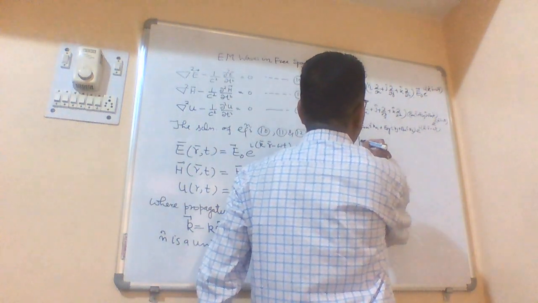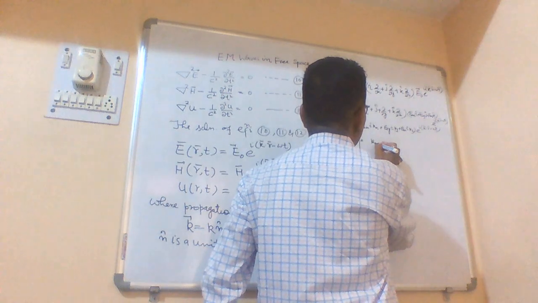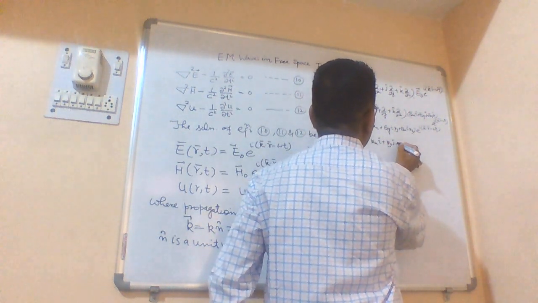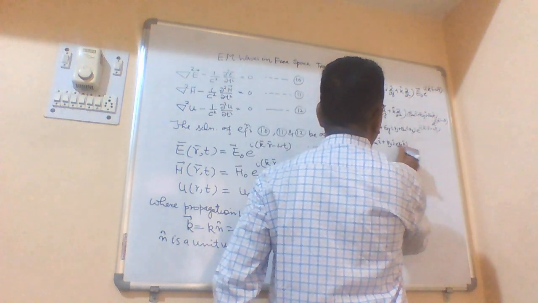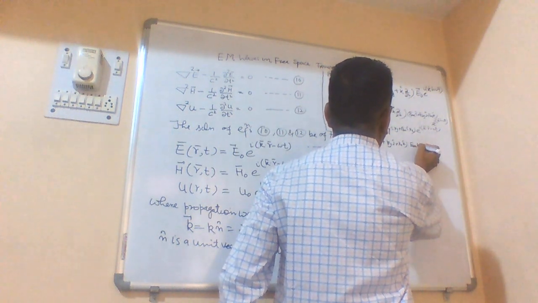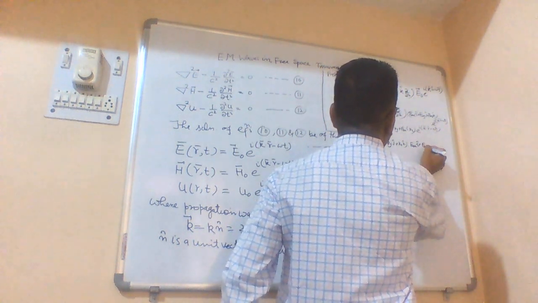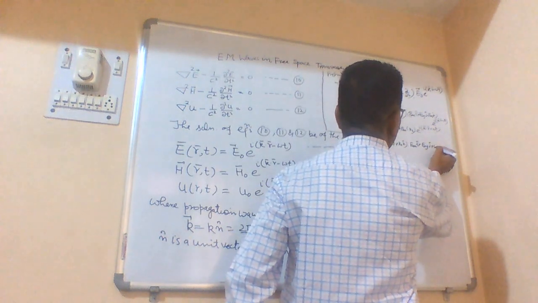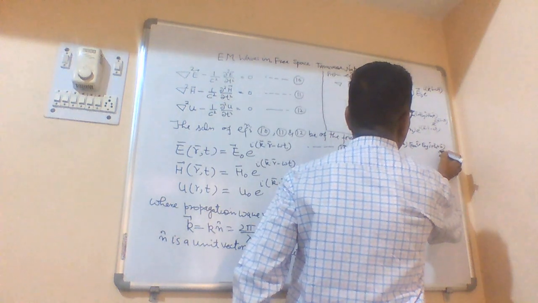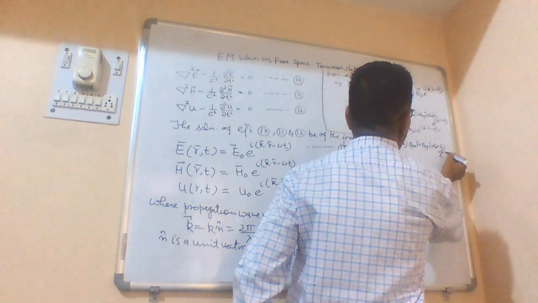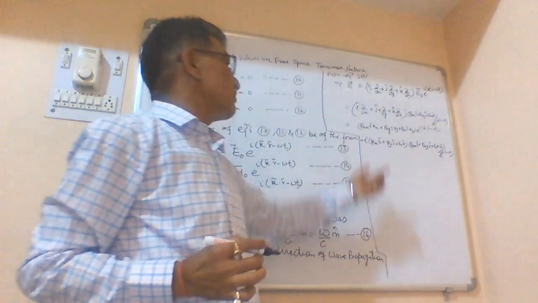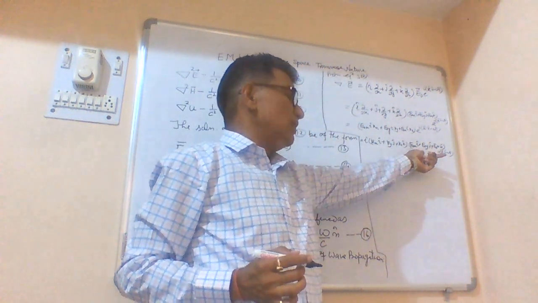This may also be written as kx i plus ky j plus kz k dot E0x i plus E0y j plus E0z k e raised to the power i (k dot r minus omega t) into i. This is the k vector and this is the E vector.